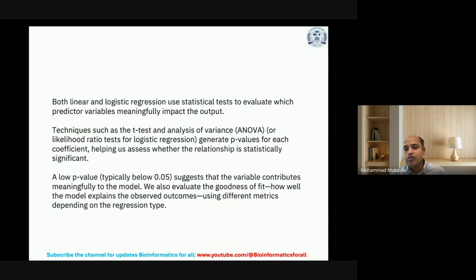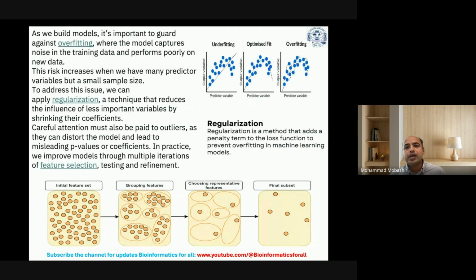A low p-value, typically less than 0.05, suggests that the variable contributes meaningfully to the model. We also evaluate the goodness of fit, how well the model explains the observed outcomes, using different metrics depending on the regression type.